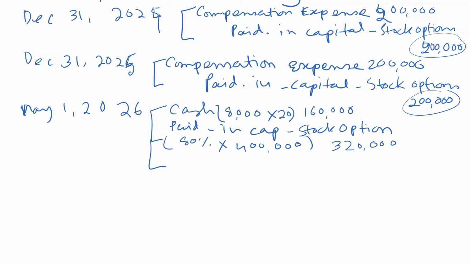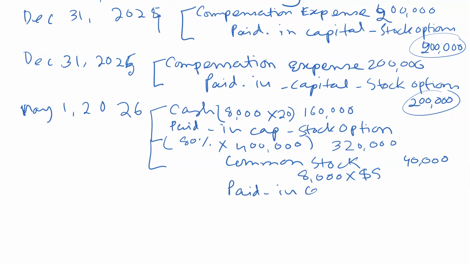Now what will we credit? We will credit the stock issuance. First, common stock, which we will record at the par value of $5. So 8,000 stocks were issued at par value, which will be $40,000, and the remainder we will credit as additional paid in capital, or paid in capital in excess of par.